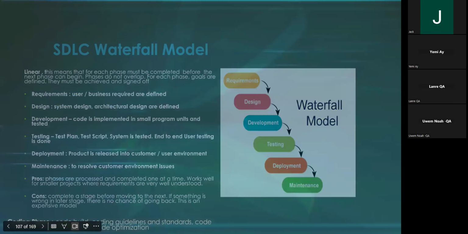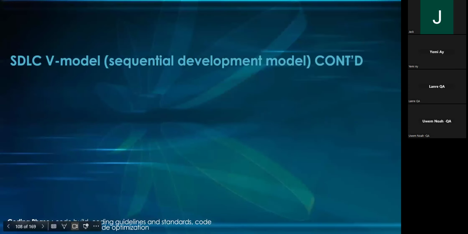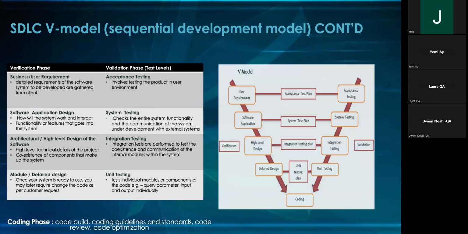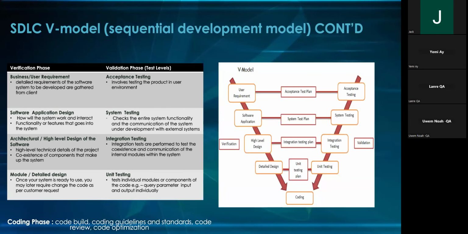So, the V model. It's still a continuation of the previous model. The reason for the name is that you can see the shape is a V shape. Why it is a V shape is that for every verification phase, there is a validation phase.